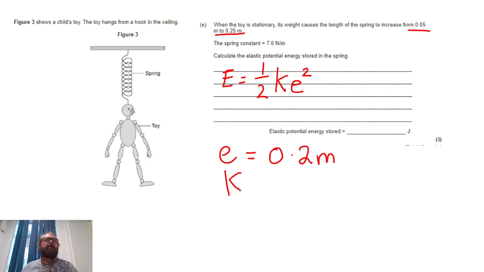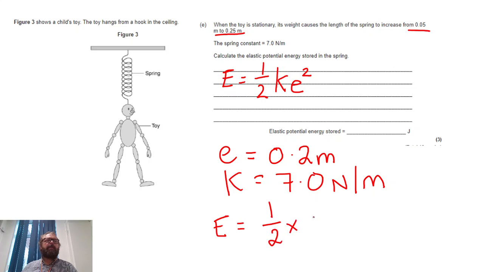The spring constant is 7 newtons per meter. I'm checking that I've got the same unit here, meters and meters, so that's okay. And I'm going to now calculate the energy by putting those numbers into my calculator. A half times 7 times 0.2 squared, don't forget that bit.